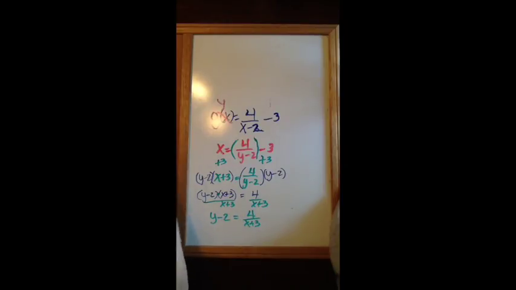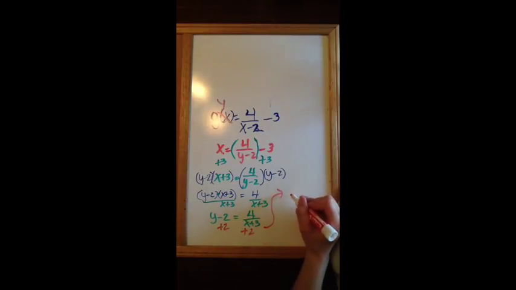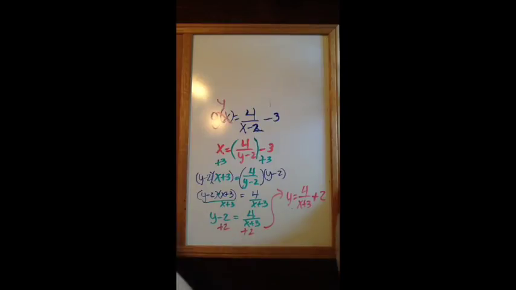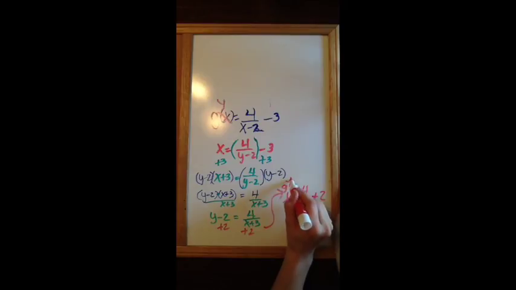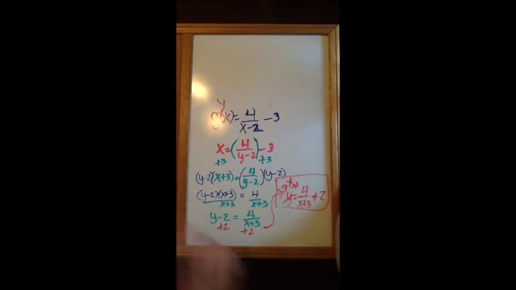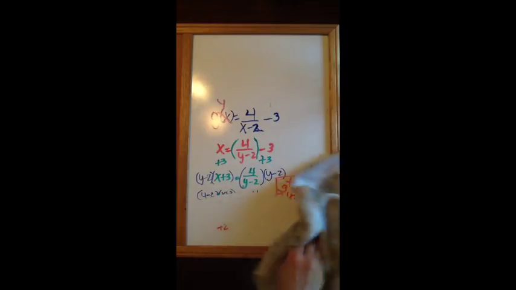And the y is not by itself quite yet, but all I have to do is add the 2 to the other side. So I end up with y equals 4 over x plus 3 plus 2. And we can just keep it like that. Okay? And that becomes your inverse, and I'm going to rename it as g inverse of x. Okay? Let's try one more.